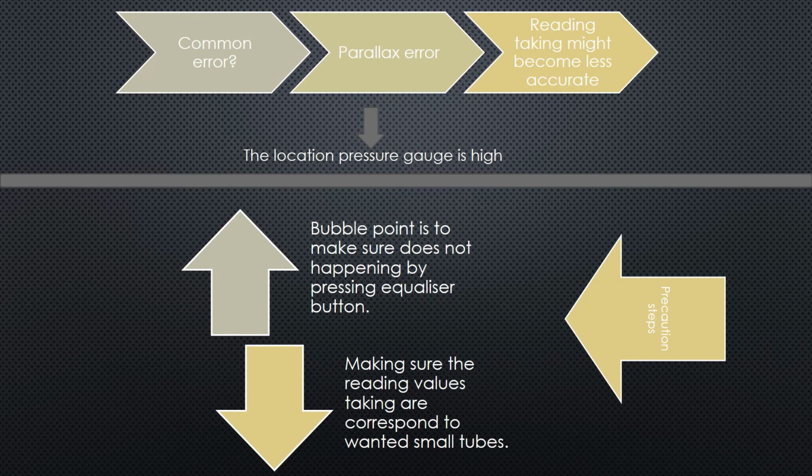Meanwhile, it is needed to observe the small tube according to which part corresponds to the reading values wanted. This is because the reading could be different and further calculation might be slightly far from actual values.